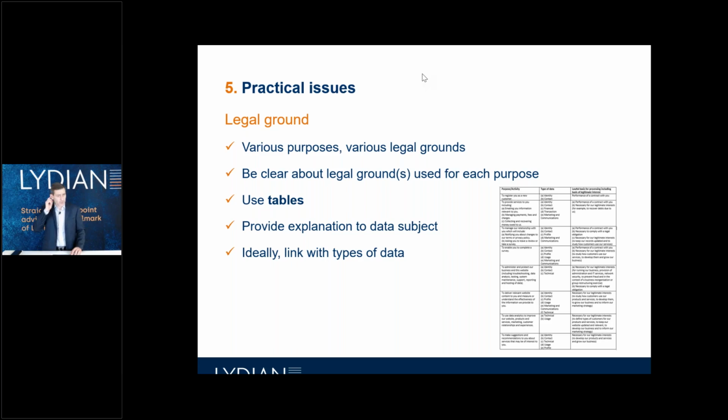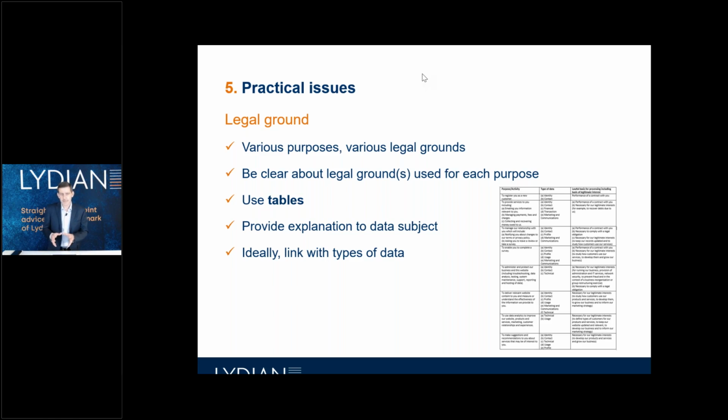And very often what we see is that the fair processing notice is just not clear about the legal ground for each of these purposes. It is very general, very generic. It says we use as legal ground the consent, legal obligation, entering into a contract or taking pre-contractual measures, but it does not specify to which purposes these specific legal grounds relate.